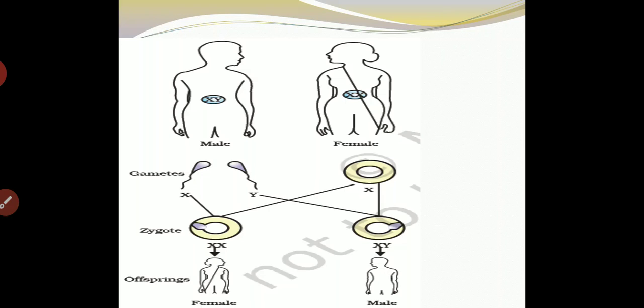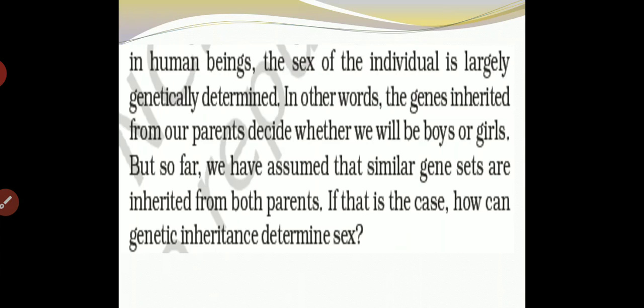And if the offspring gets X from the man, it will be a female child. In human beings the sex of an individual is largely genetically determined.